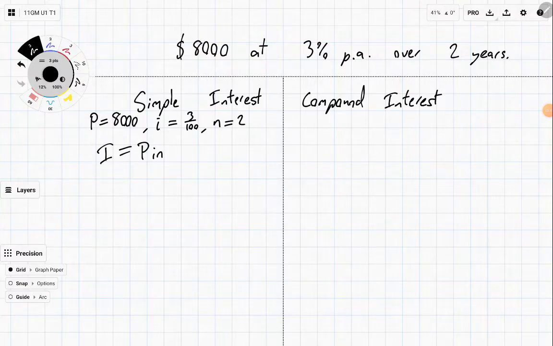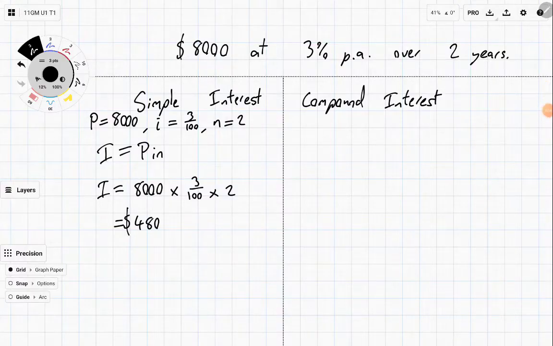Since it's already in years and 3% is per annum, we're all good to go. So capital I is equal to 8,000 times 3 over 100 times 2, and that's equal to $480.